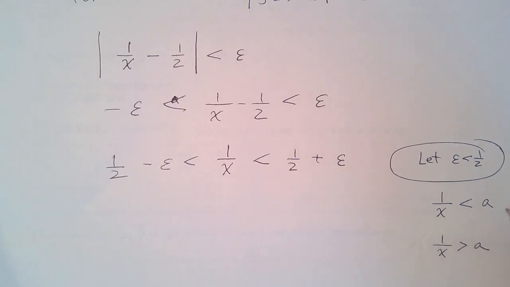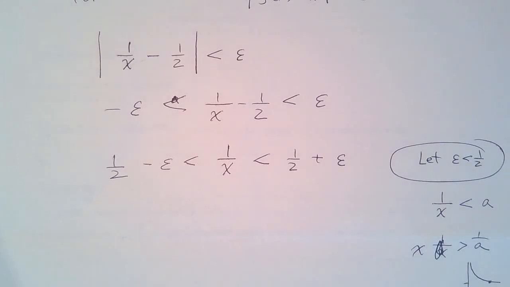Because 1 over x is a reciprocal function, or x to the -1, it's a decreasing function, so it looks like this. So when x is greater, 1 over x is smaller. So basically that's what it says.